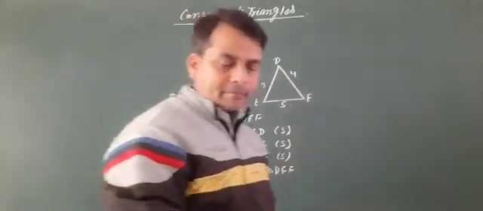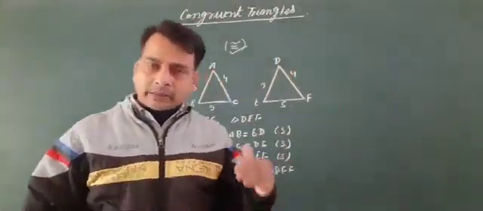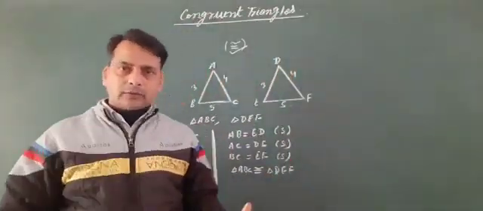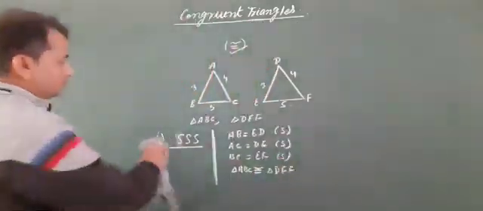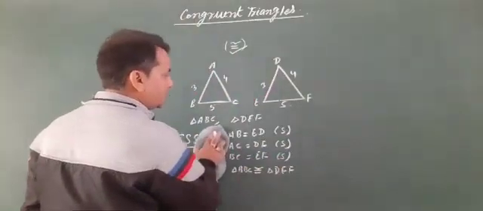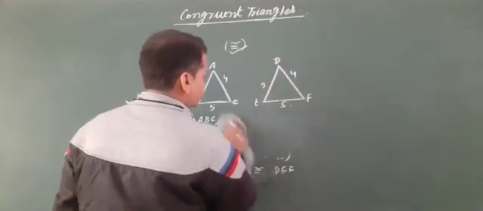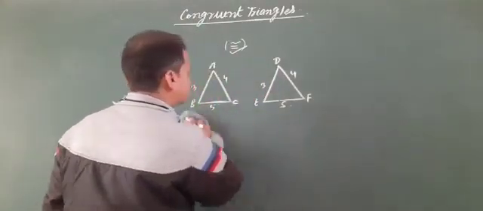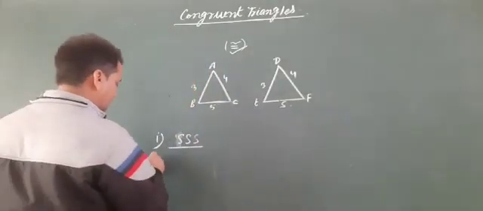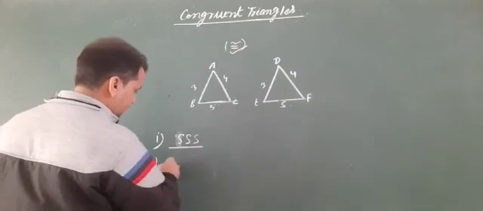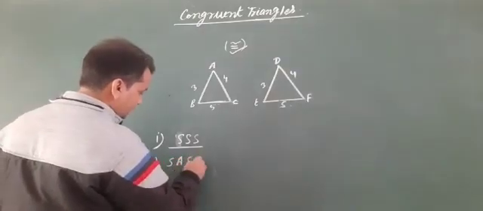Now next is the second congruency rule, that is side angle side. Side angle side.